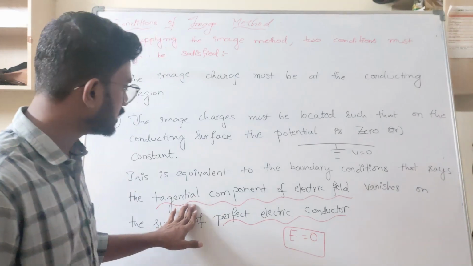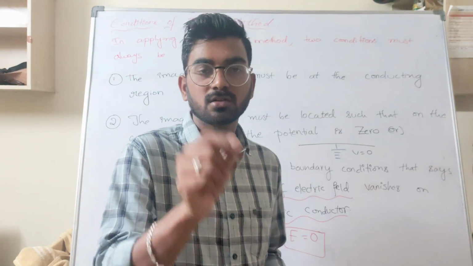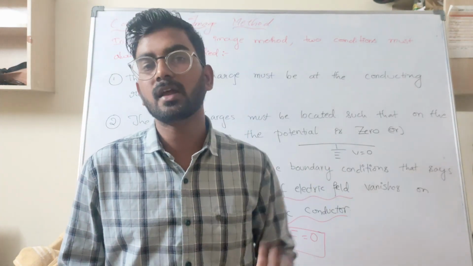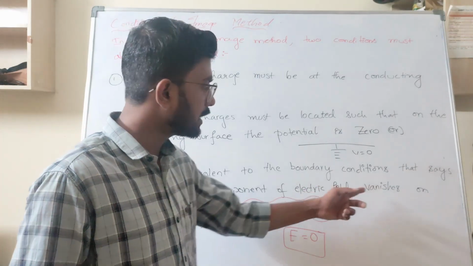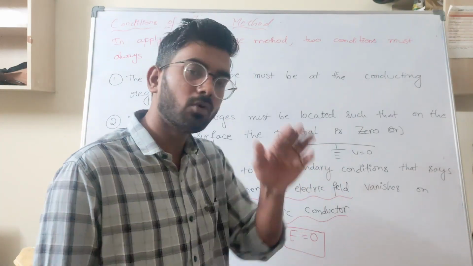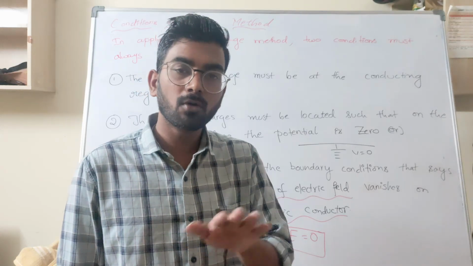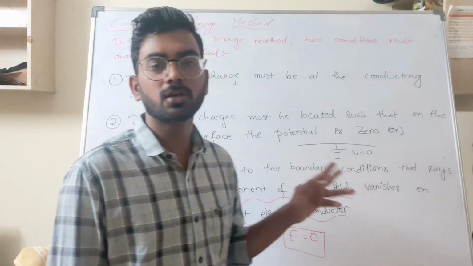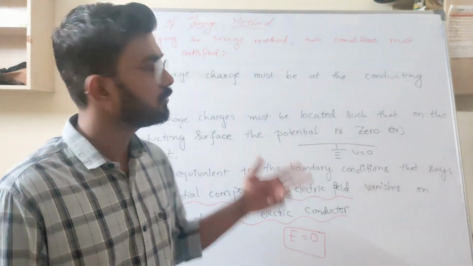So if you place the tangential component, there is a creation of free charges inside the perfect electric conductor, so that there is a creation of electric field due to the free charges. But if you place only the normal or perpendicular component, then there are no free charges inside, and you get electric field 0. These are the two conditions you have to apply before applying the method of images.